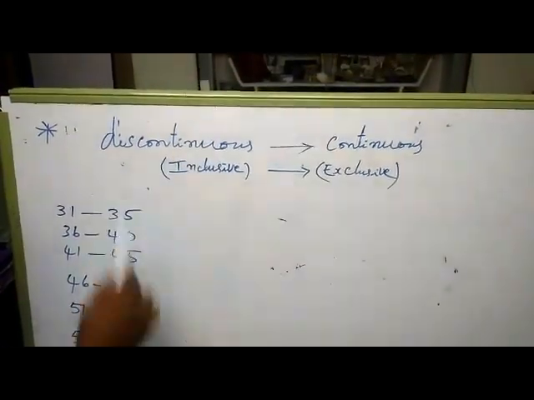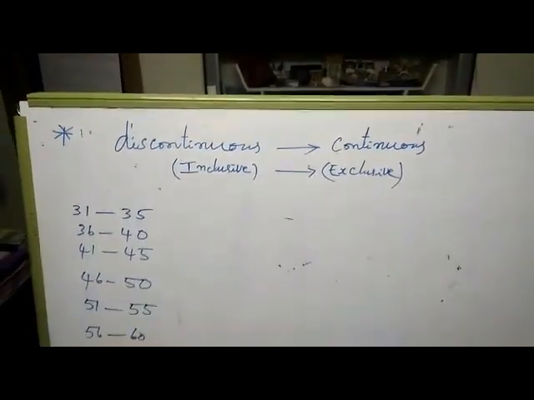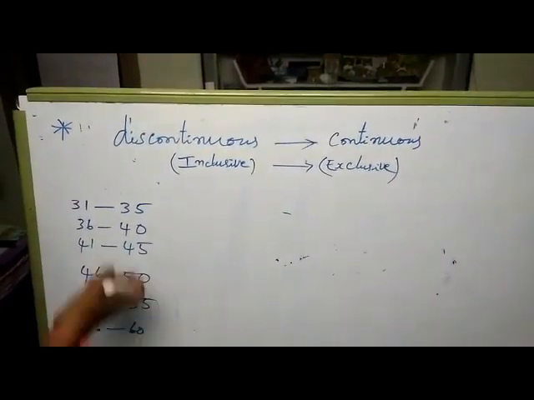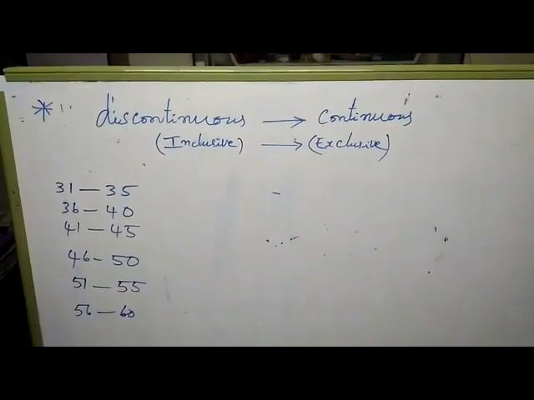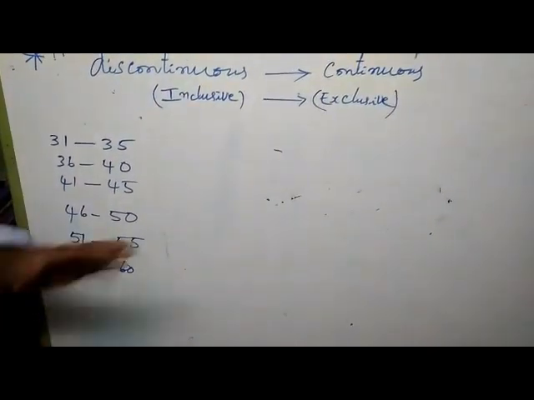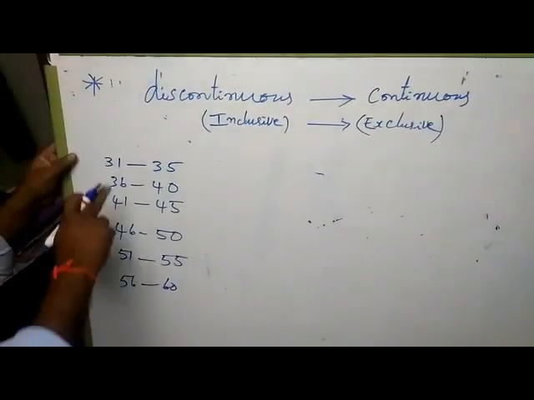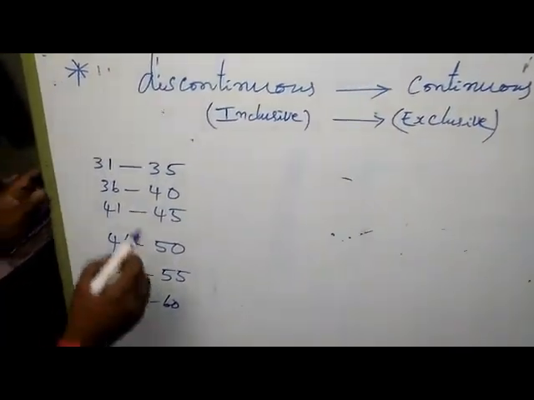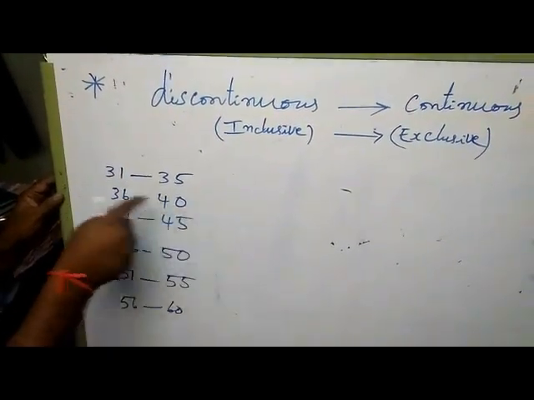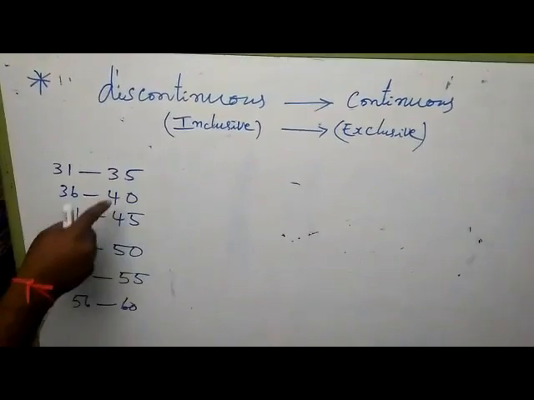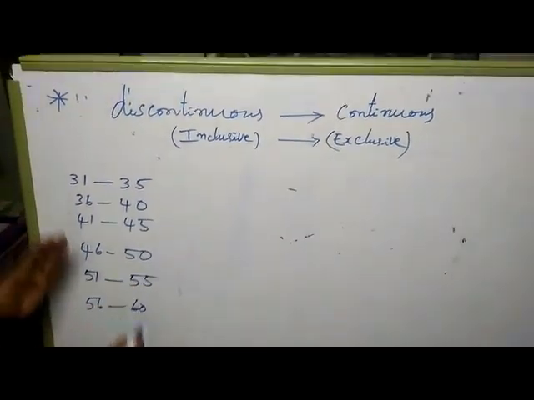In the NCERT book or BK Sonu book, many sums are based on discontinuous form. This is not continuous. Why? Because you see 31, 35, here 35 is not there; 36, 40, like this it is there. That's how to convert. Very easy.